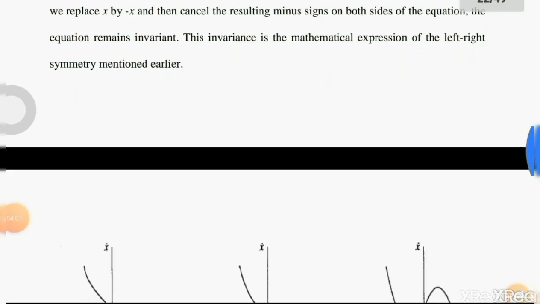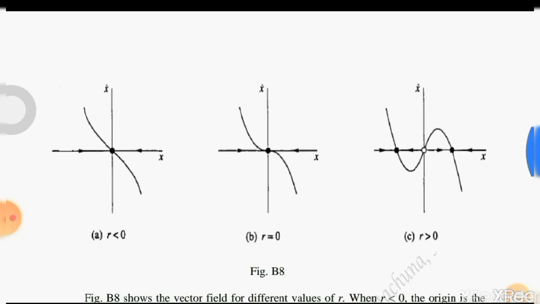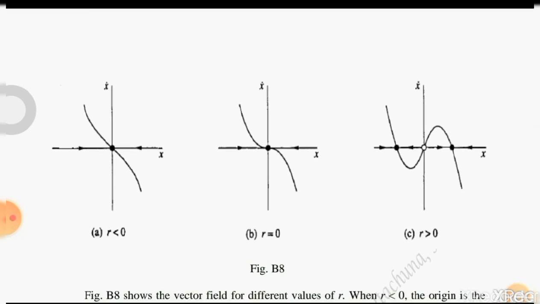Now let us discuss this diagram where R is varied. Here three different conditions are shown. In figure A, R is less than 0, then in figure B, R is equal to 0, and in figure C, the phase diagram is shown for the value of control parameter R greater than 0.